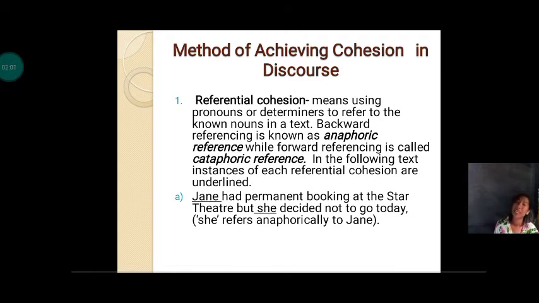In the following text, instances of each referential cohesion are underlined. Letter A: Jane had a permanent booking at the Star Theater, but she decided not to go today. So "she" refers anaphorically to Jane.